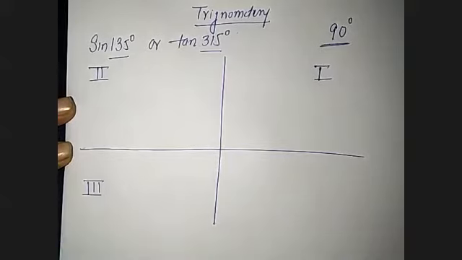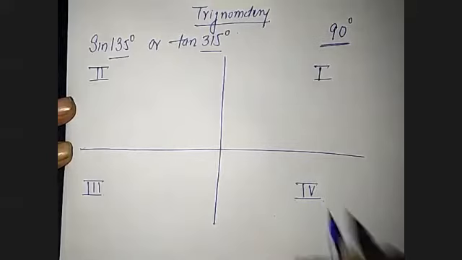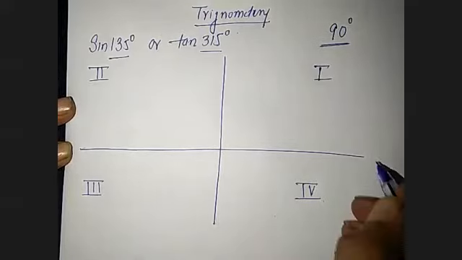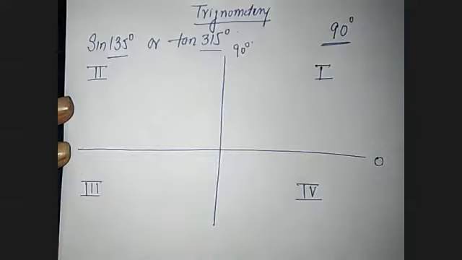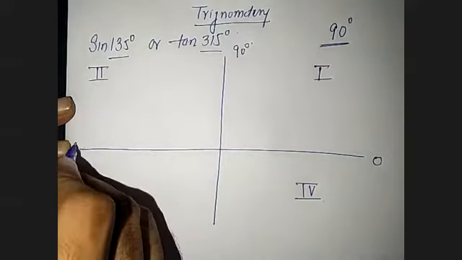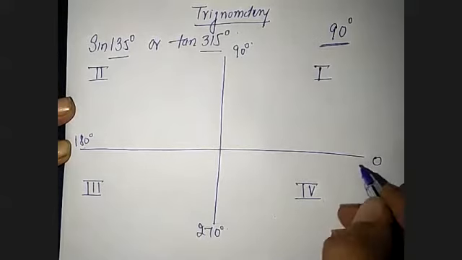It seems easy, and when we apply this to the question, it becomes easier. This is first. So this is 0 degree, this is 90, this is 180, this is 270, and this is 360.